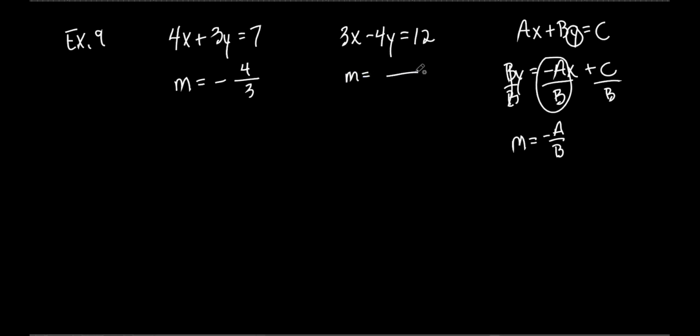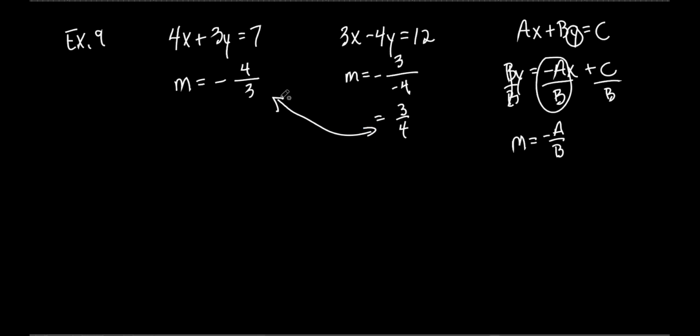So again, it's negative a over b. So it's negative, and then a 3 is on top, and the b is what? It's not a 4, it's a negative 4, which is important because what's that going to come out to? Negative, negative, it's positive 3 over 4.